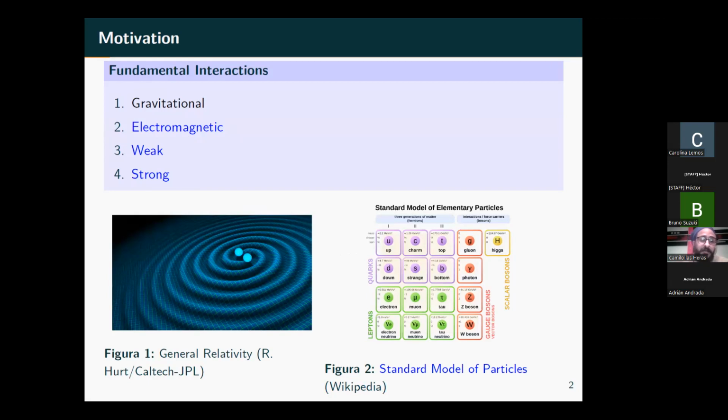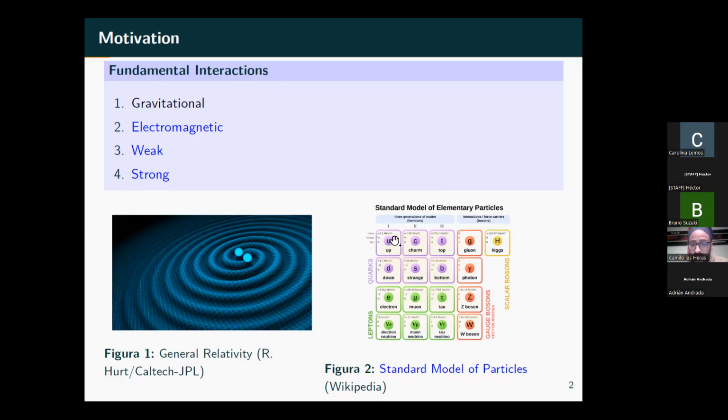It is a theory that concerns the geometry of space-time, as we saw earlier today in the talk of Alan Cooley. And the electromagnetic, weak and strong interactions are described by the standard model of particles, which is a non-abelian gauge theory described by a quantum field theory. The standard model of particles describes these three interactions among the basic and most elementary particles that make up matter.